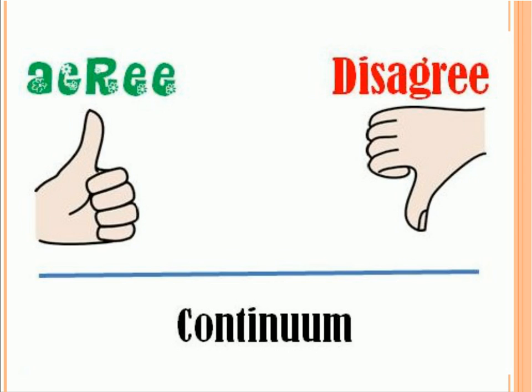So I'm going to read several sentences in just a minute, and I would love to hear from you whether you agree or disagree. Okay, so let's go ahead and begin.